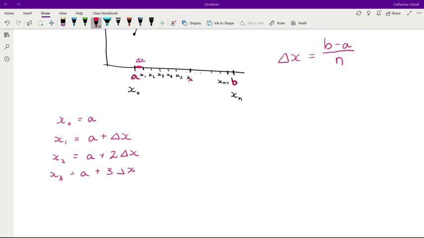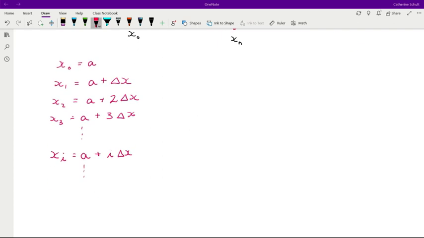And we're going to continue this pattern. All right, let's focus on x sub i because that's how we can make a formula out of everything. It's going to be a plus i copies of delta x. And then finally, x sub n, and that's going to be b. And we can also think of that as a plus n copies of delta x.